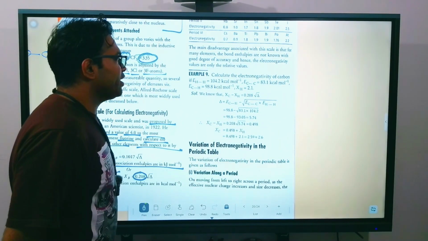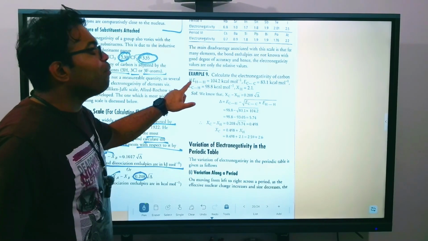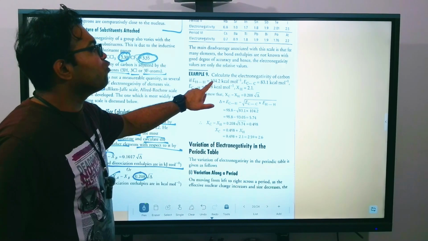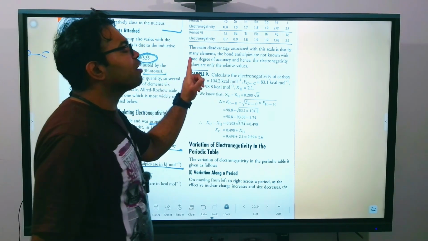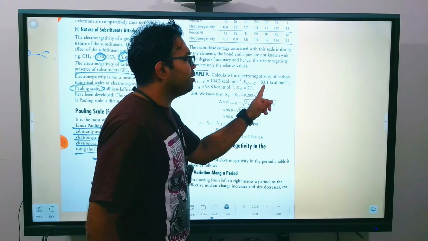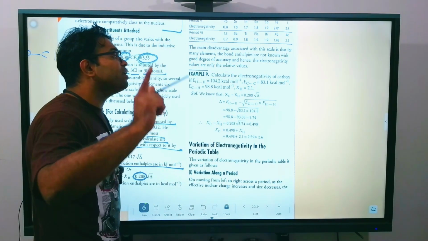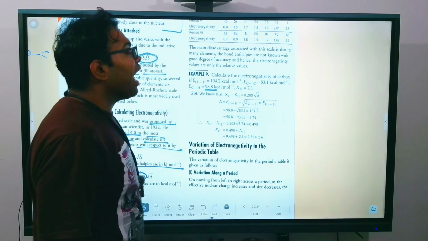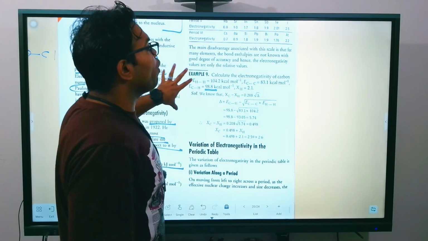Calculate the electronegativity of carbon if the bond enthalpy of hydrogen is 104.2 kilocalories per mole, the bond enthalpy of carbon and carbon is 83.1 kilocalories per mole, the bond enthalpy of carbon and hydrogen is 98 kilocalories per mole, and the electronegativity of hydrogen is 2.1.